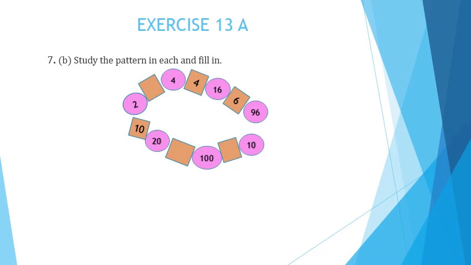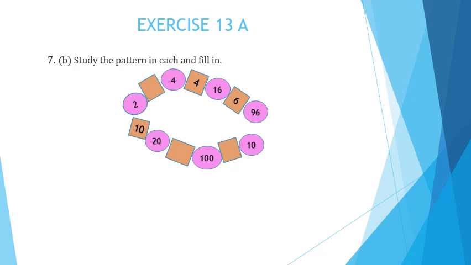Again we have a circle with 4, and then we have a blank square, then a circle with 2, then a square with 10, then a circle with number 20, then again a blank square, then a circle with number 100, again a blank square, and then at the end we have 10 inside the circle.